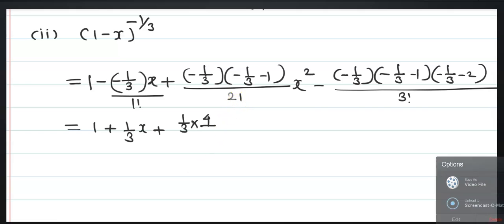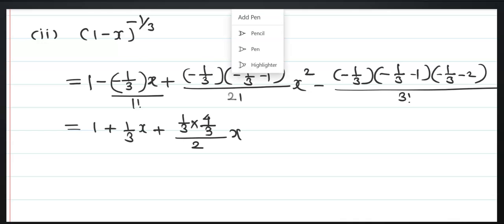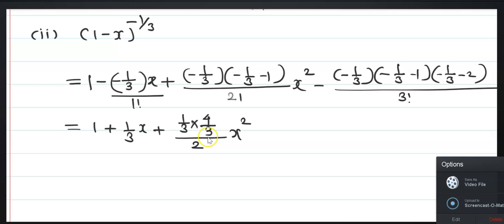Now see this simplification. This is the 1 by 3, 4 by 3 upon 2 into x square. Now again here you can see this is a minus, minus, plus, again minus, and overall you will get the plus sign here because the minus sign is repeated 4 times.